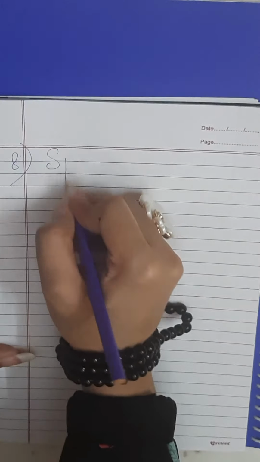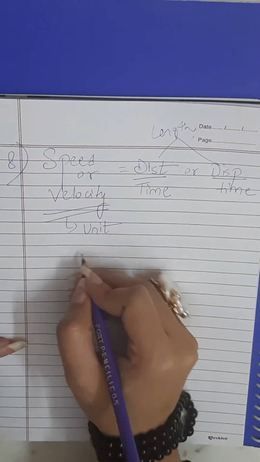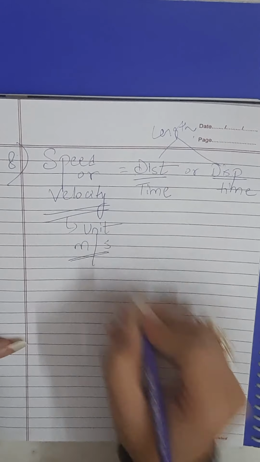Next, speed or say velocity. We know speed is distance by time. You can frame the formula from this. Likewise, velocity is displacement by time. Now both distance and displacement are length. So basically we have length by time, or you can frame the dimension from the unit. Speed or velocity can be measured in meter per second.